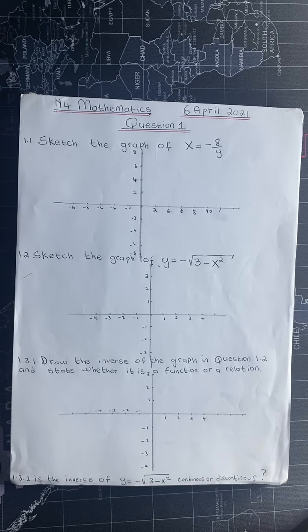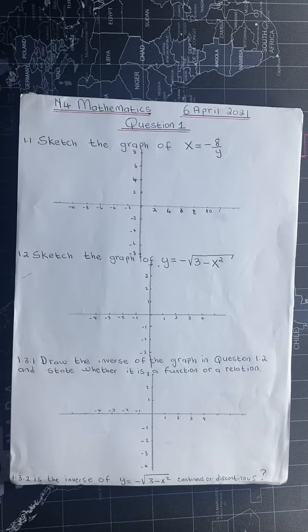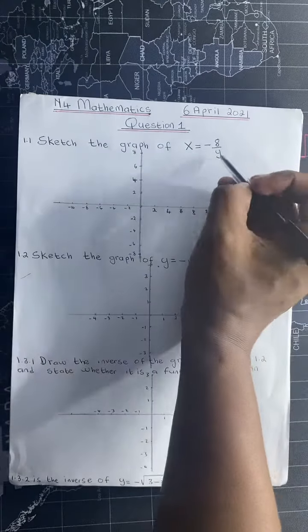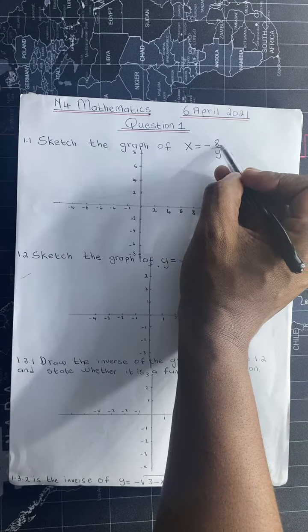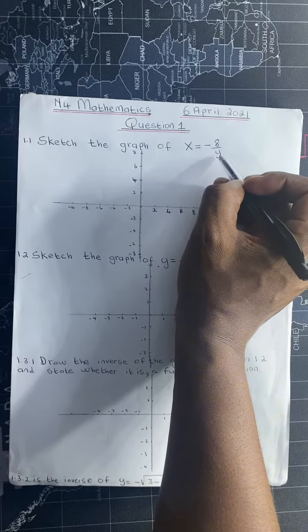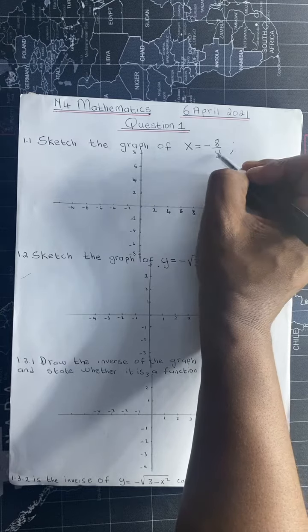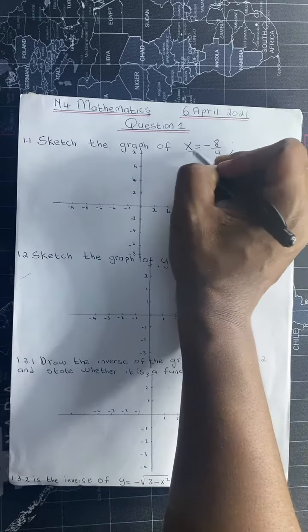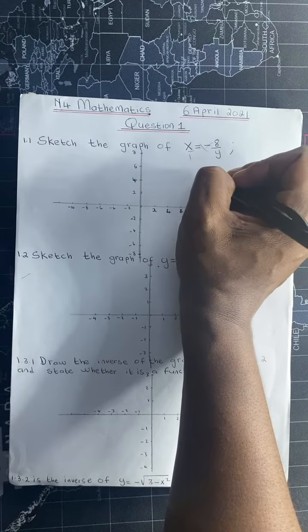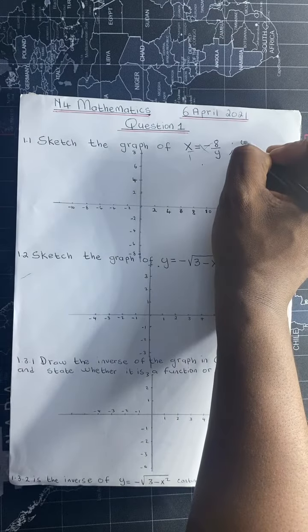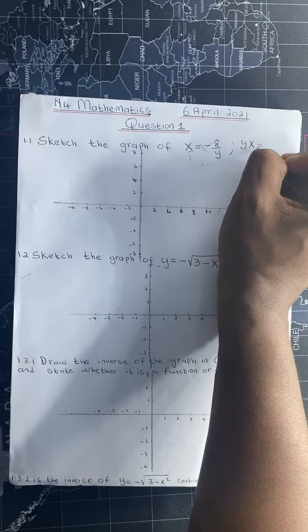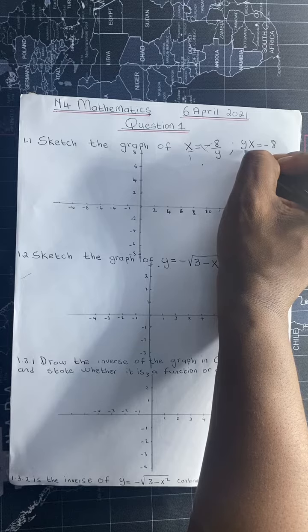Question 1.1 states that we must sketch the graph of x is equal to negative 8 over y. As you can see, if y was equal to 0, this whole thing will be undefined. Even if we make y the subject of the formula, by cross multiplying, we get yx is equal to negative 8.